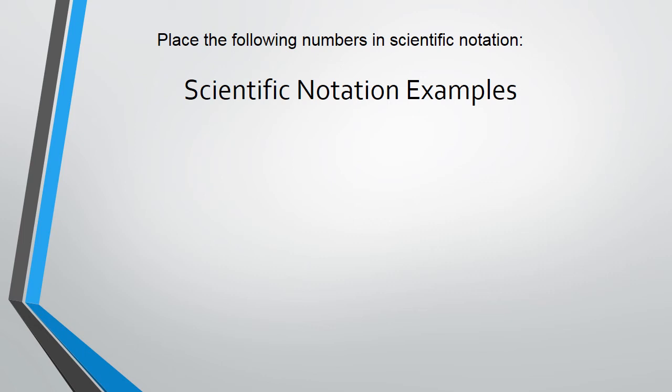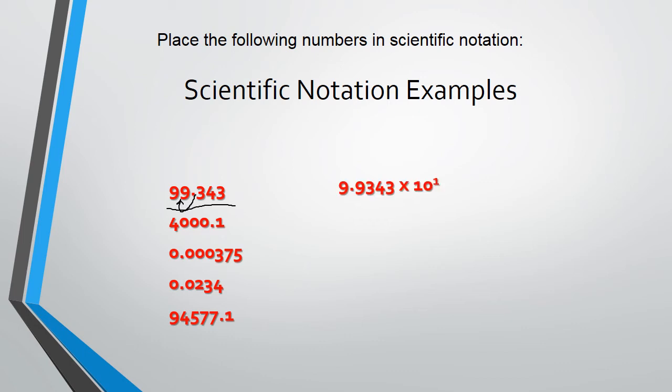Let's go over a few examples. So first number, we move the decimal to this point, and obviously the answer will be 9.934 times 10 to the power 1. We moved the decimal only 1 point. Now we move the decimal, 1.23, so we go 3 decimals, and the answer would be 4.0001 times 10 to the power 3.